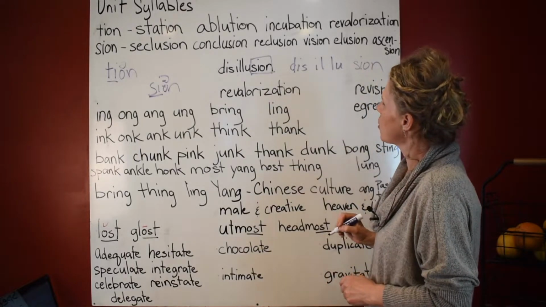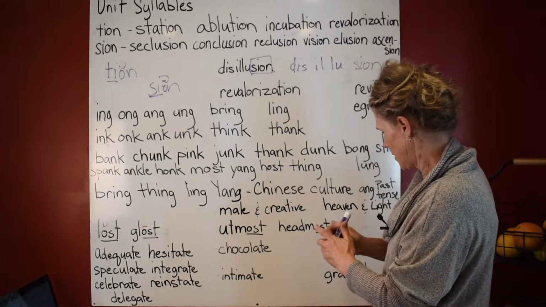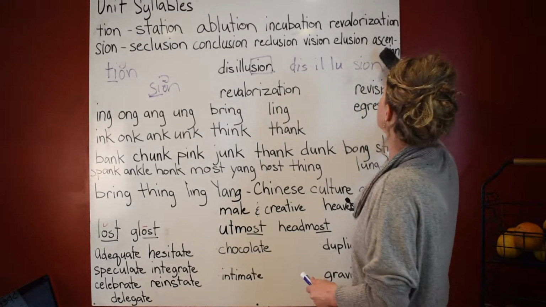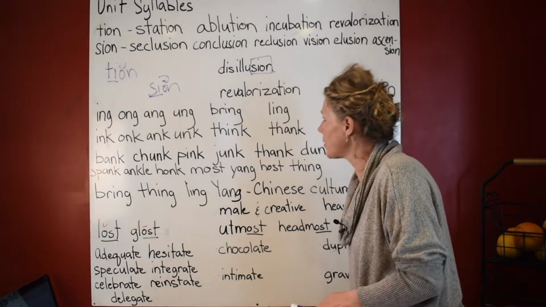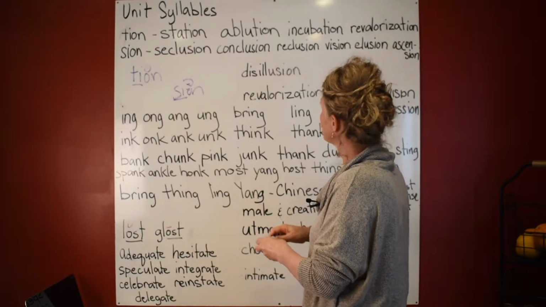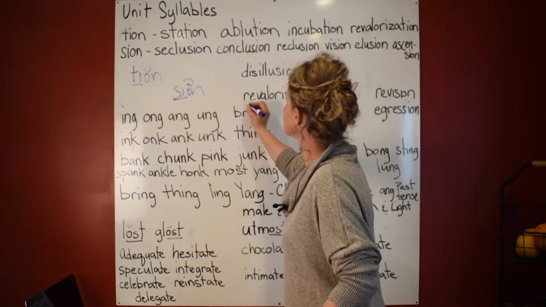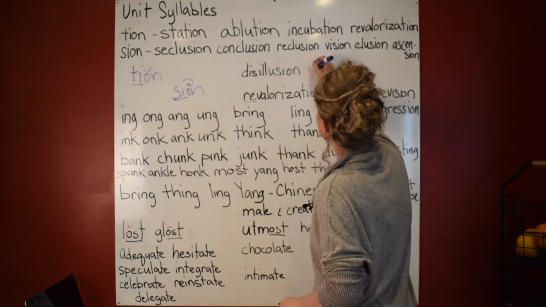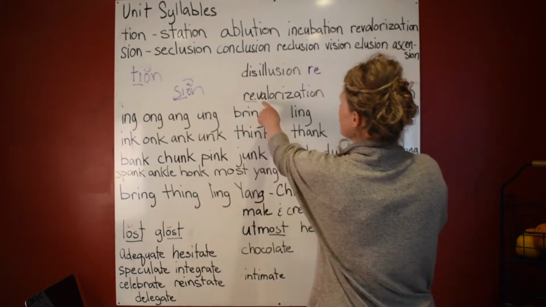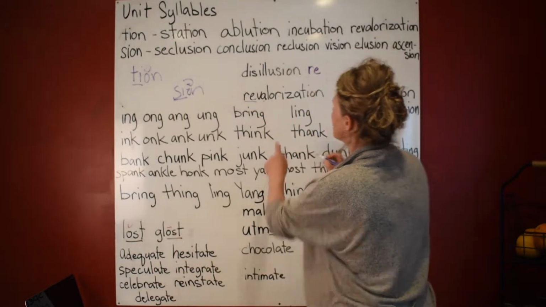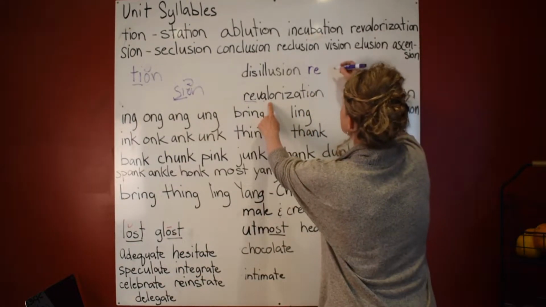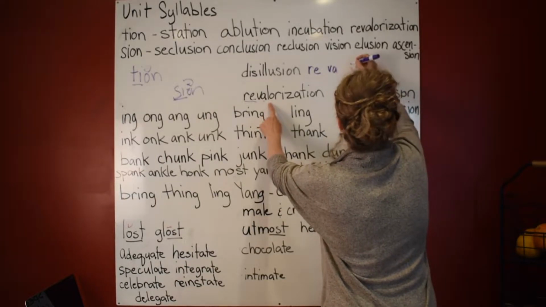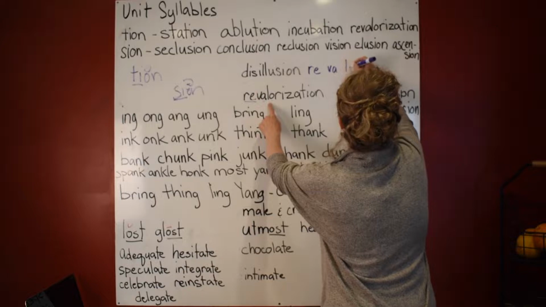Okay? So now this says revalorization. Let's break that word apart. Now we have our prefix, re, that means again. Now we'll start with that. Okay, re. Now let's find our vowels. There's one in the middle, so it needs to go to the end. So we have V-A, and so the L-O.